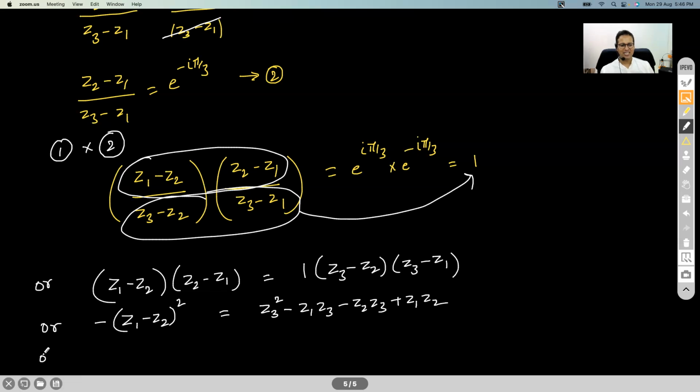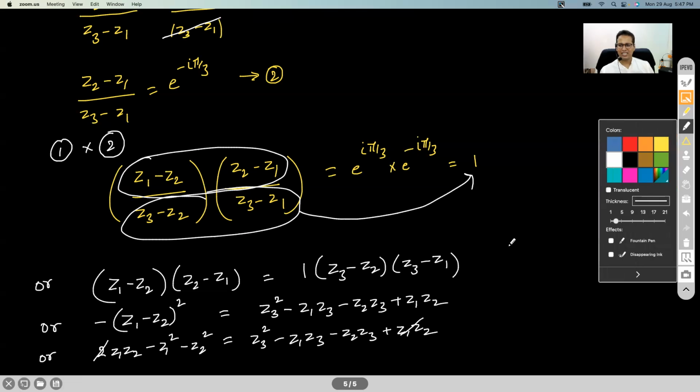Okay. Let's expand this side also. So this will become 2Z1 Z2 minus Z1 square minus Z2 square equal to Z3 square minus Z1 Z3 minus Z2 Z3 plus Z1 Z2. So one of the Z1 Z2s will get cancelled off.